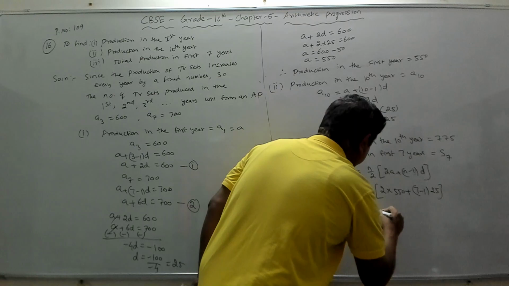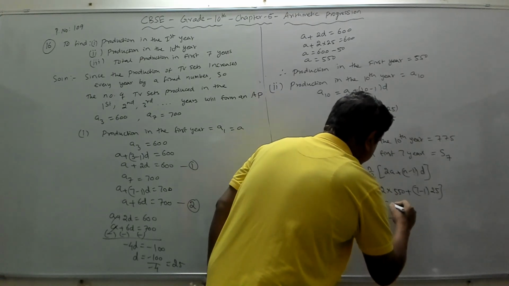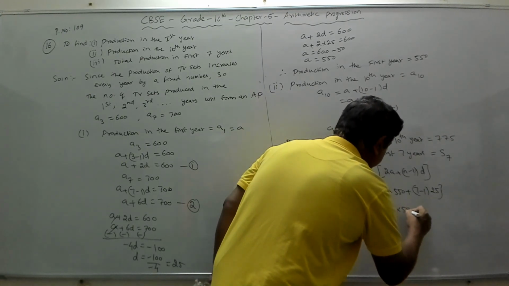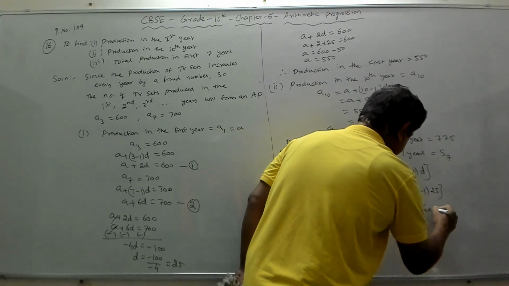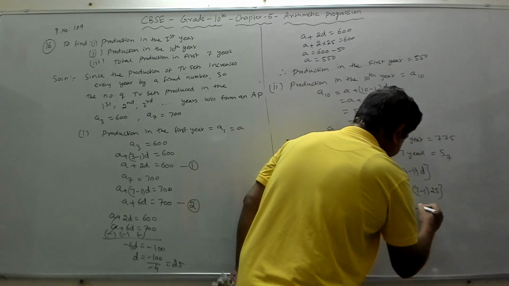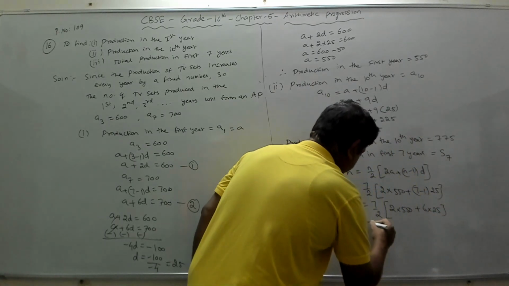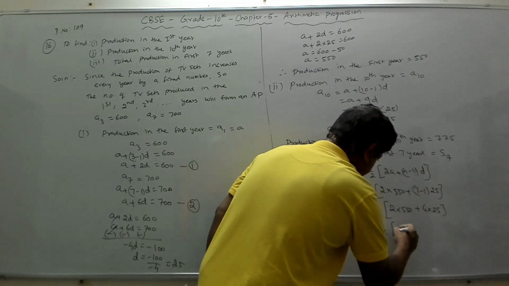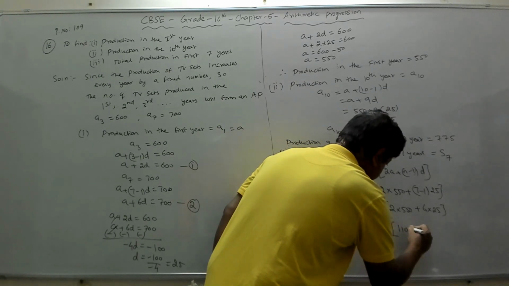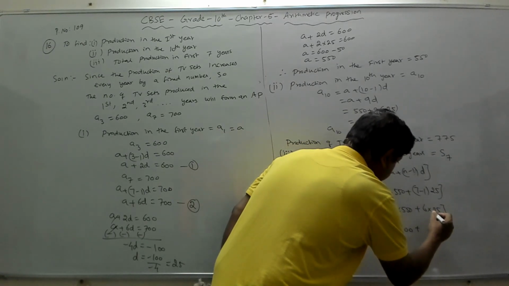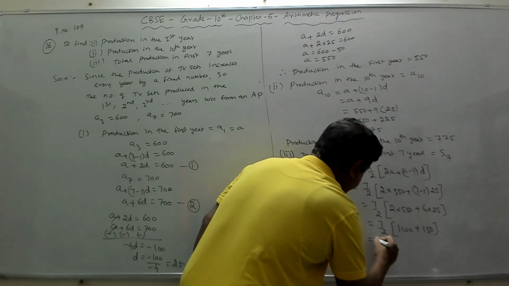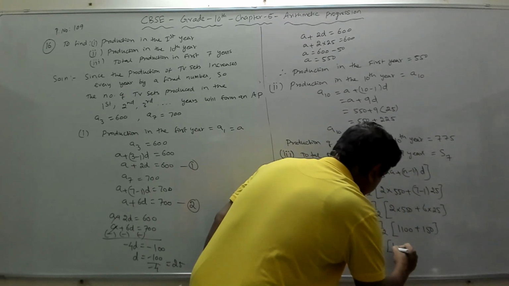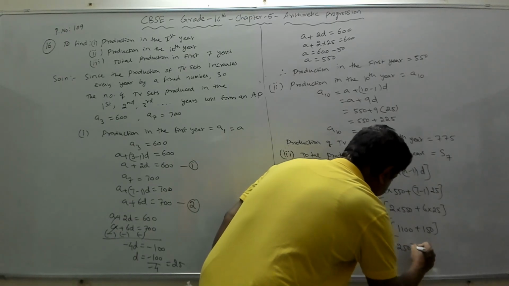We get 7 by 2 into (2 into 550 plus (7 minus 1) into 25). I am not multiplying yet because we can take things common. This is 6 into 25, which is 150. This gives you 1100 plus 150. That makes it 7 by 2 into 1250.